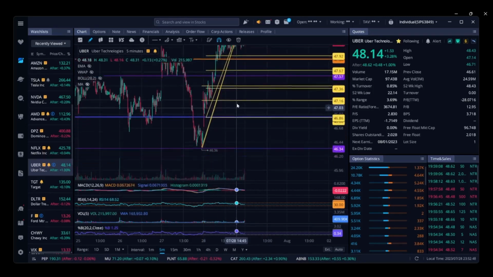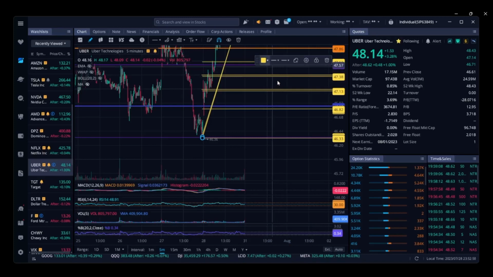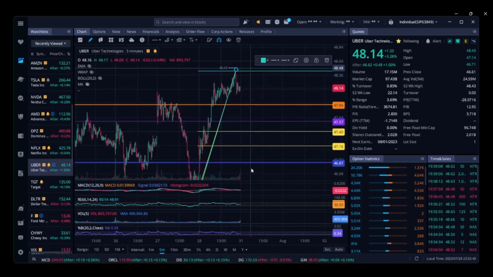And let me show you this extension. Now, if price does bounce, I'll change the color, blue. Oh no, let's change it to green. For the extension, we only need 100 and 127.20.